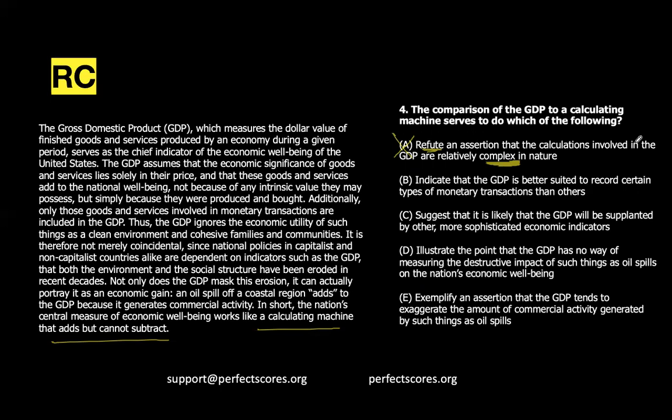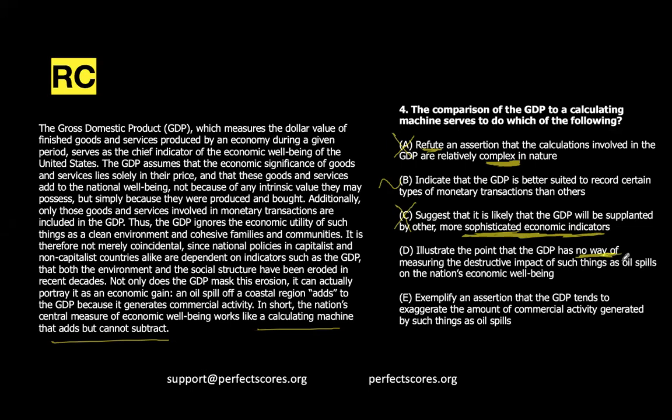Yeah, it could be, because there are some transactions that will give you a negative effect, like oil spills, so that it can't record very well. So B could be the answer. C: suggests that it is likely that GDP will be supplanted by other more sophisticated economic indicators. It's not given. Okay, D: illustrate the point that GDP has no way of measuring the destructive impact of such things.